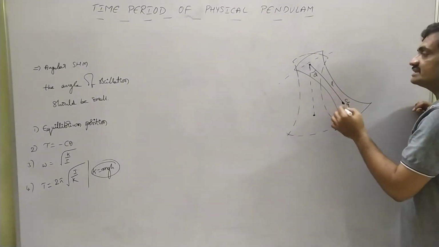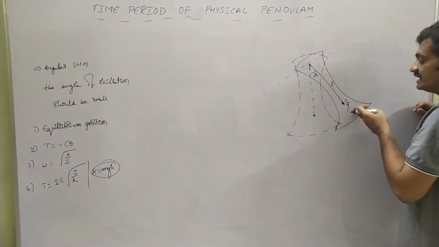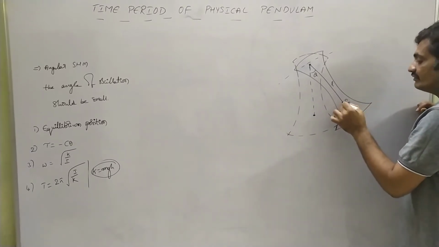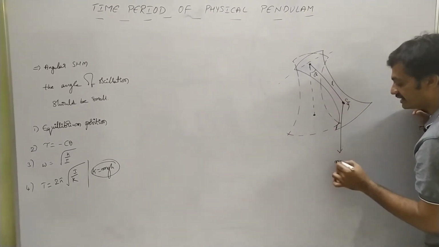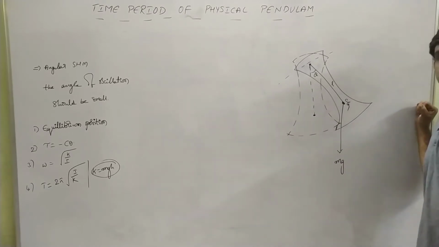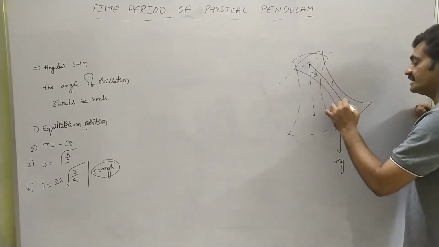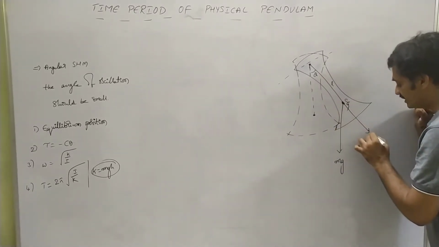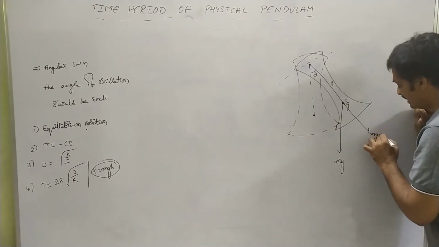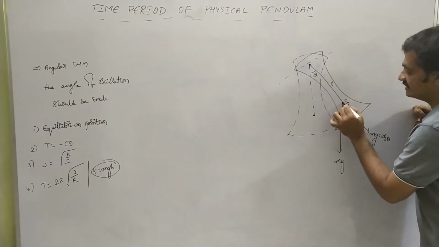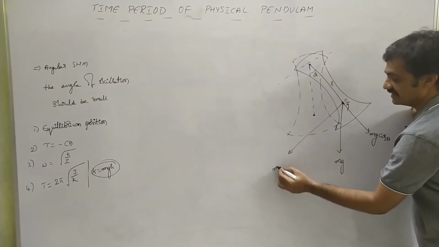So as we consider this pendulum which is at an angle of theta, the weight will be acting vertically like this. Since the pendulum makes an angle of theta, this weight will resolve into components as mg cos theta as well as mg sin theta.